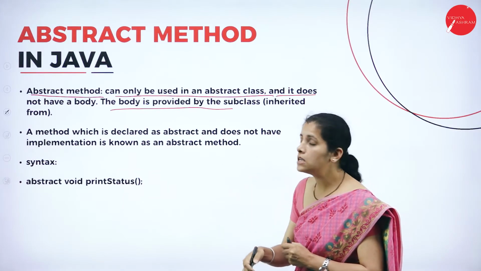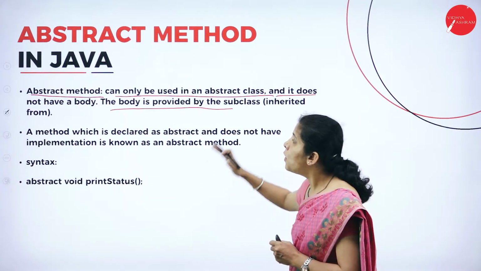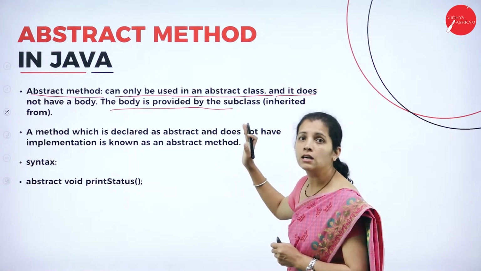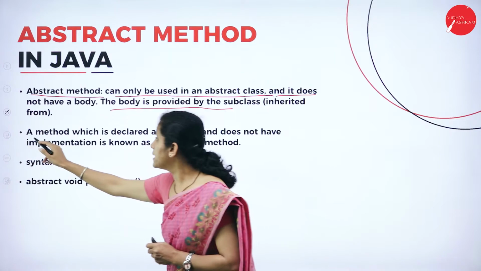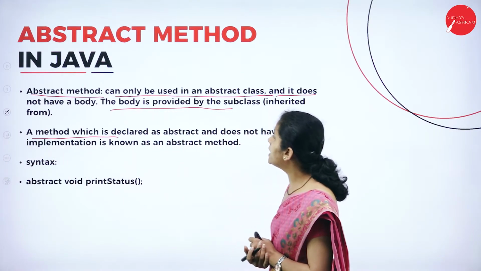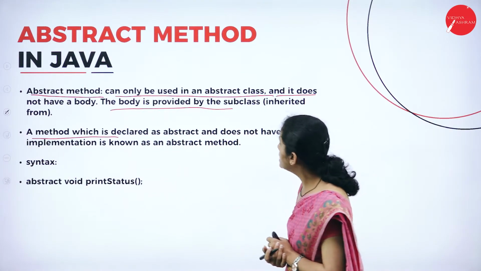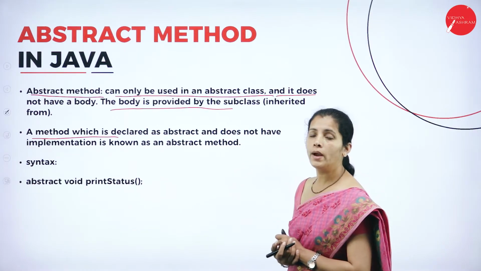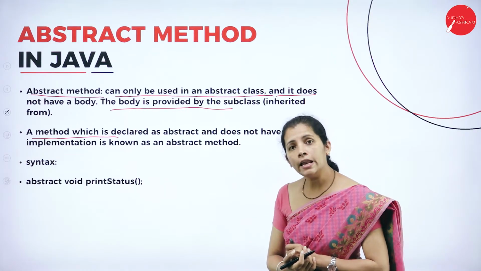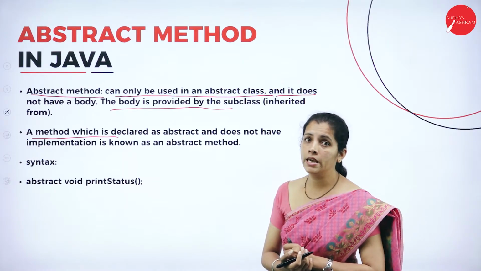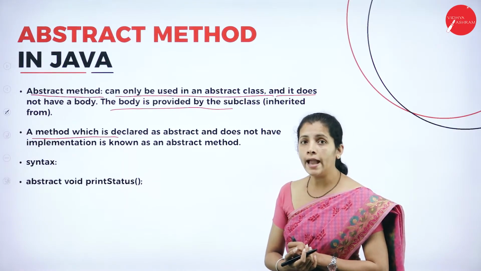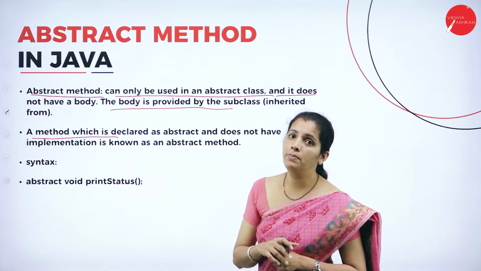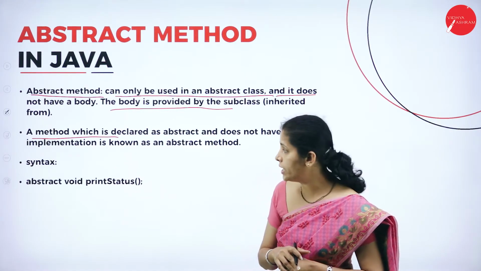For that reason, I want to inherit the abstract class in some other class. A method which is declared as abstract does not have implementation. When I declare any method with the keyword abstract, then that abstract method does not have any implementation or body.